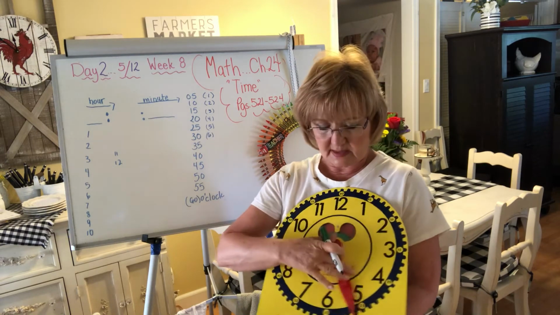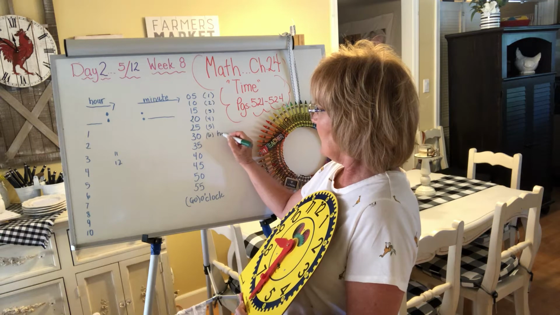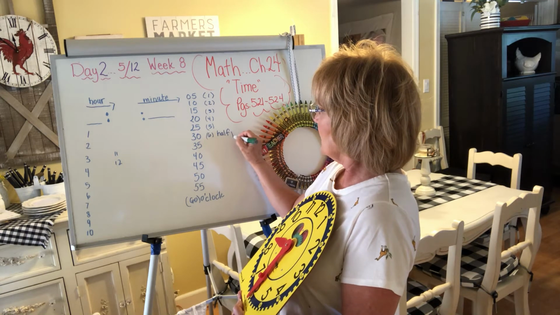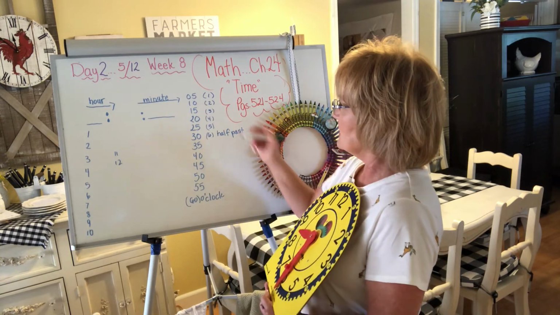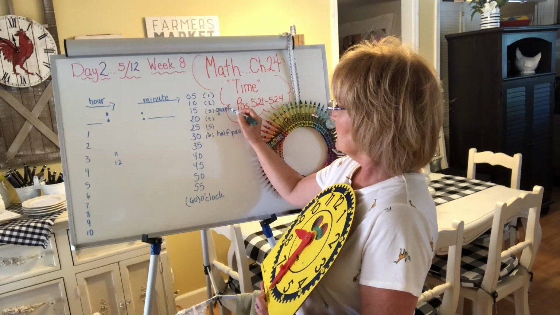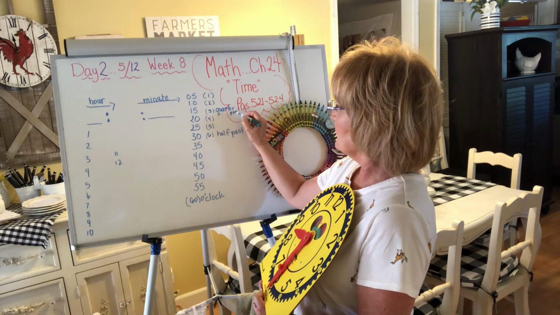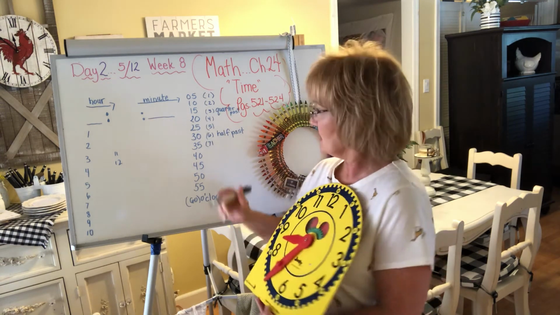When it's on the 6, it's 30, and we've also talked about that is half past, right? It's half past. We've talked about 15 is quarter past. A quarter past.